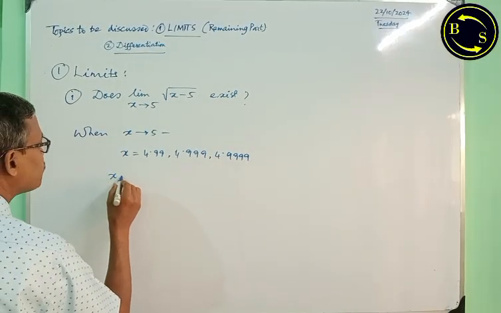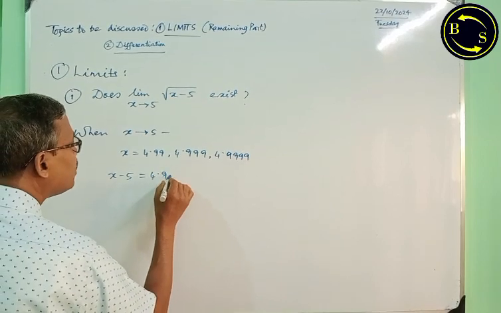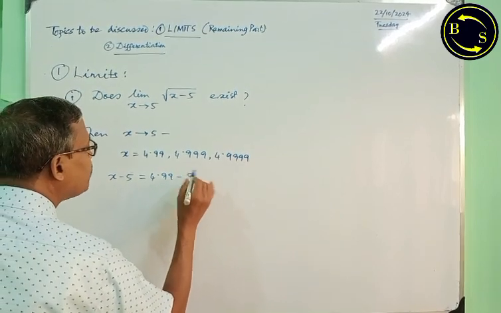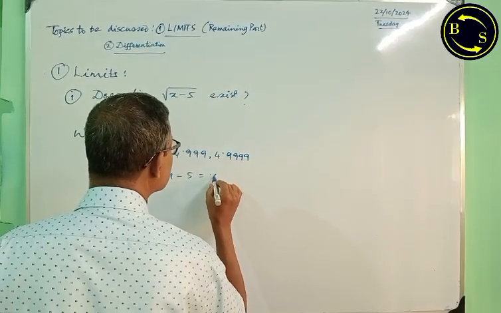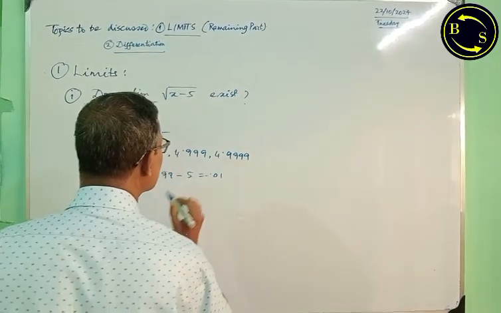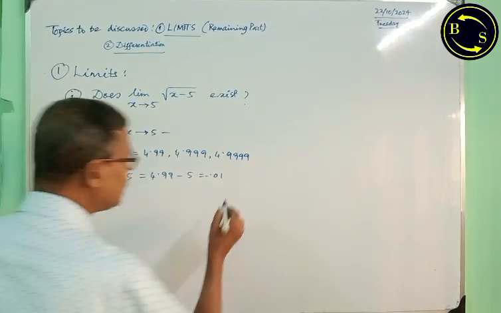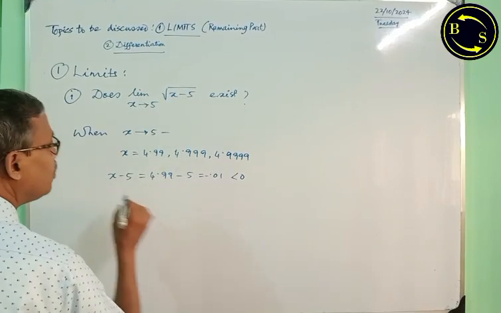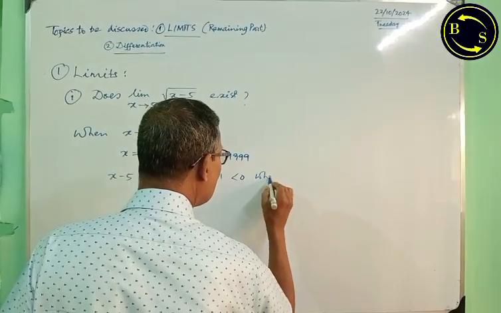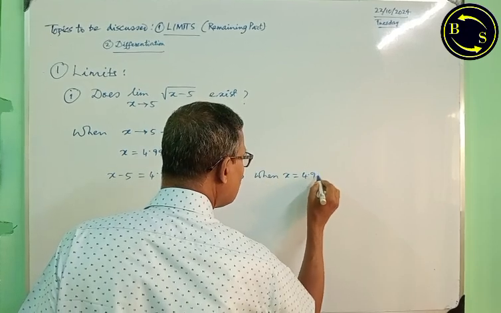X minus 5, 4.99 minus 5. That is negative. When x equal to 4.99.